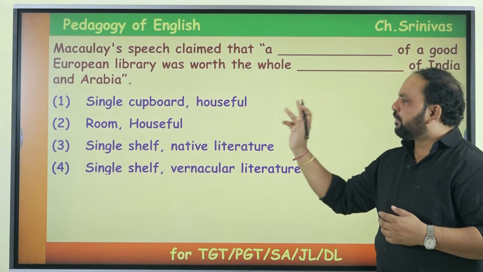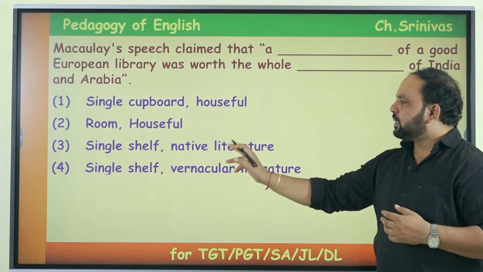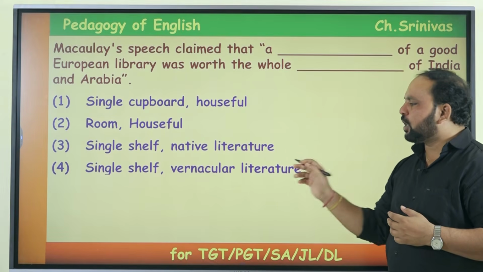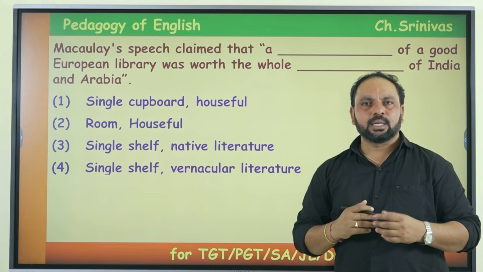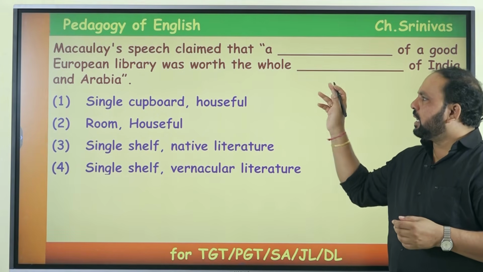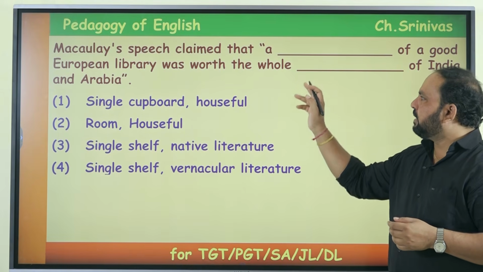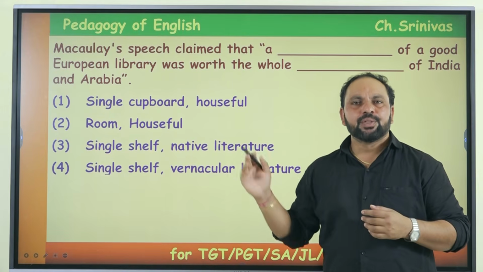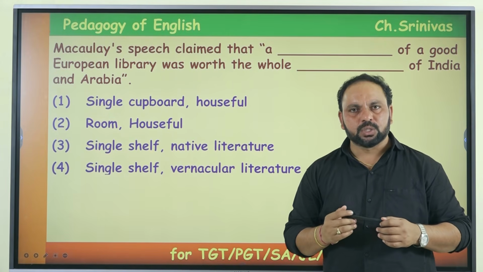Single cupboard houseful, room houseful, single shelf native literature, single shelf vernacular literature. So the answer according to this class is the third one. A single shelf of European library is worth the whole native literature of India and Arabia. Third one is the right answer to this question.